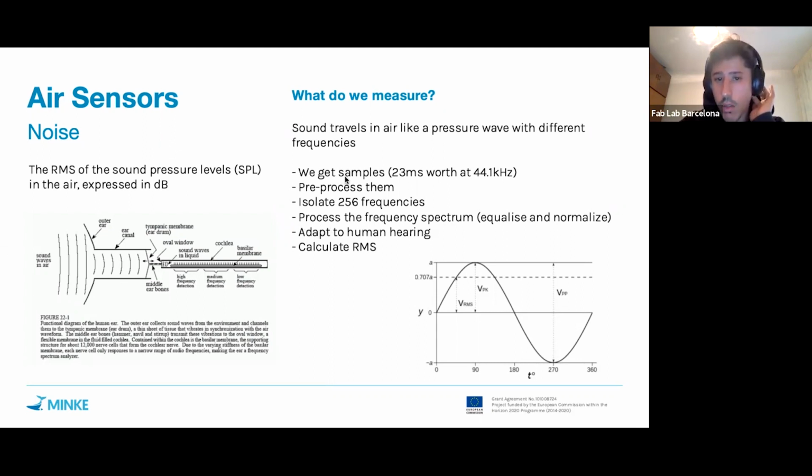So after all that, we apply this correction only to better represent how we perceive those frequencies. We also provide the raw readings without correction if necessary.